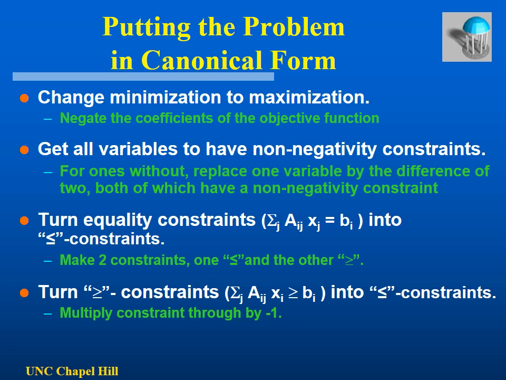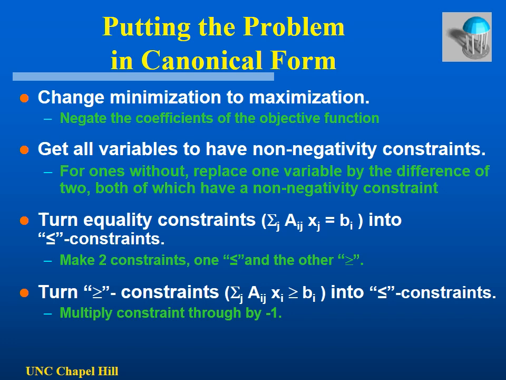Variables that have a constraint, but not in the non-negativity form, can be handled as follows. If the constraint is in the less than or equal direction and we want it to be greater than or equal to, we can replace the variable by its negative. And if its value is to be less than or equal to some non-zero value, we can subtract that non-zero value and create a new variable.